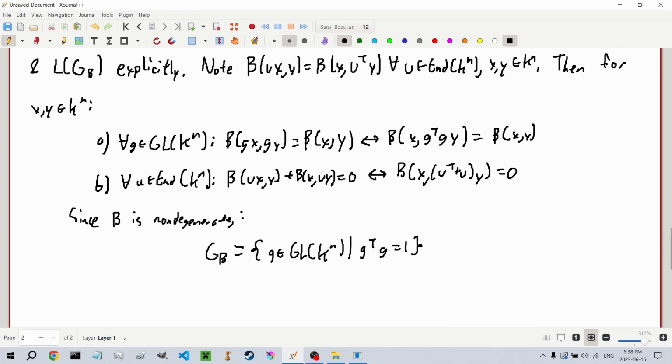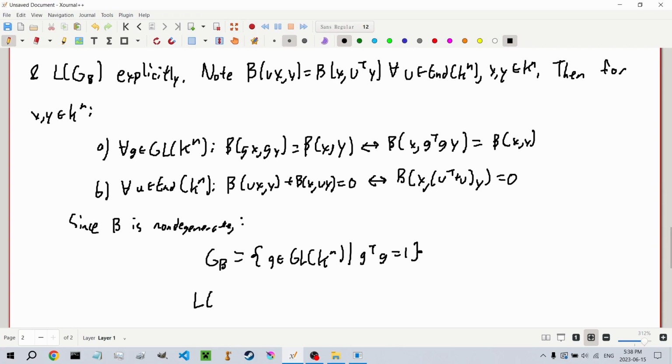And similarly, its associated algebra has to be the endomorphisms of k to the n where u transpose plus u has to be 0.